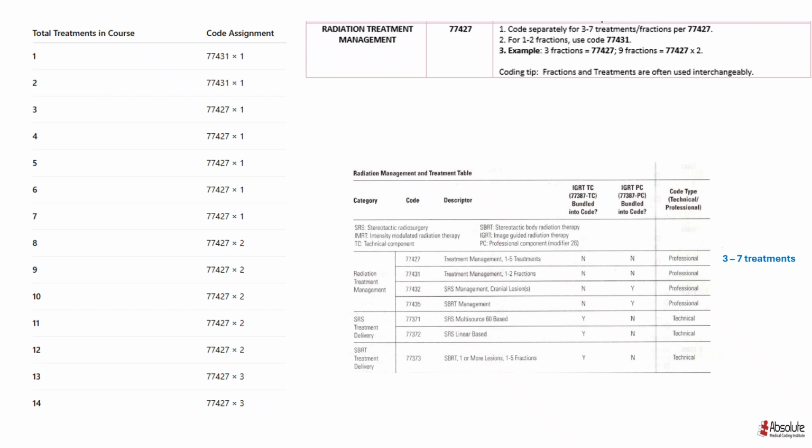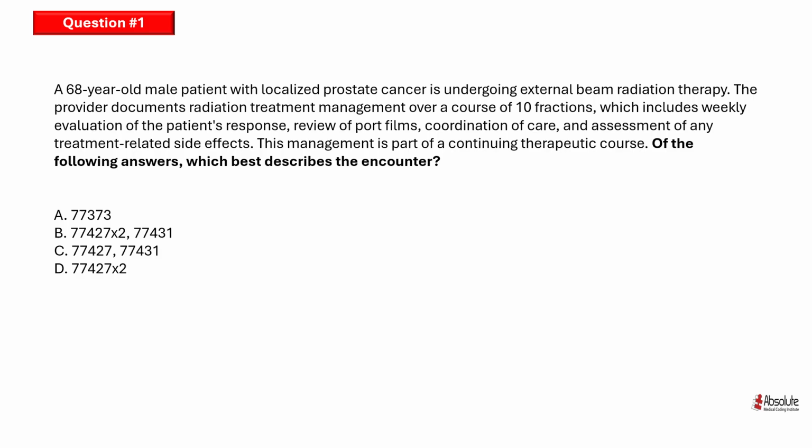Now, it's time to do our first scenario. And of course, it's going to be a radiation treatment management question. Of the following answers, which best describes the encounter? A, 77373. B, 77427 times 2, 77431.